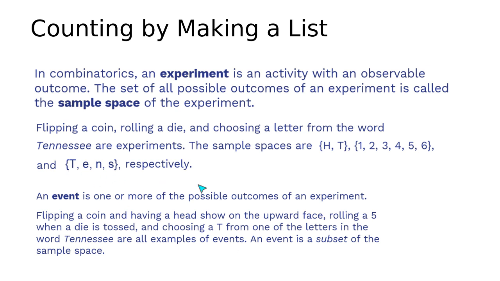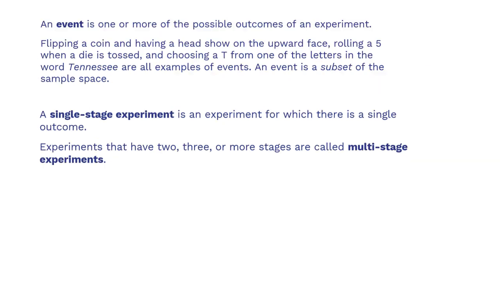For example, here you have 1, 2, 3, 4, 5, 6. If you get a 4, then that's called an event. Then we're going to have a single stage experiment. This is when you have an experiment for which there is a single outcome. And then we also have experiments that have 2, 3, or more stages, and those are called multi-stage experiments.